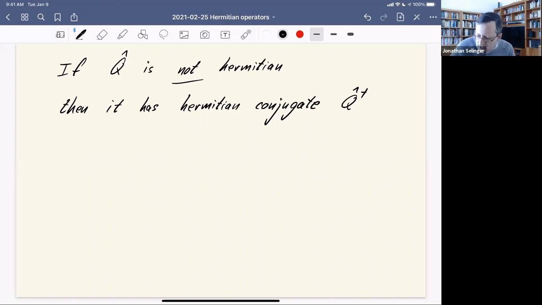And this symbol up here is called a dagger, and so people pronounce this as Q dagger.